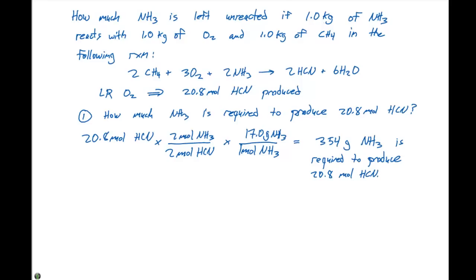So we know that oxygen limits this particular reaction. It's the limiting reactant, and we're going to have 20.8 moles of HCN produced. We need to figure out how much ammonia is going to be required to produce that amount. We calculated that to be 354 grams.